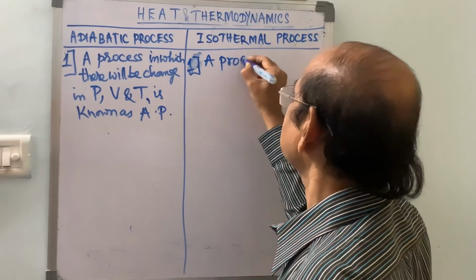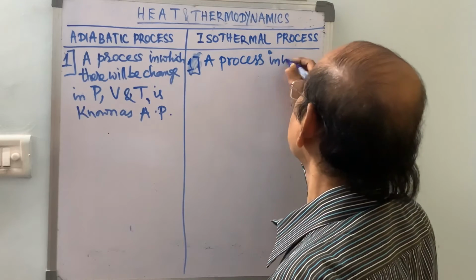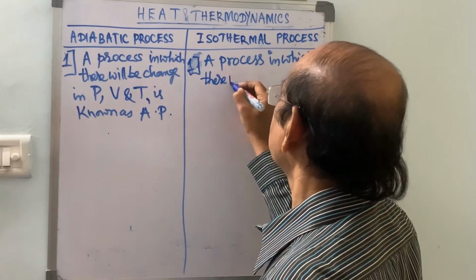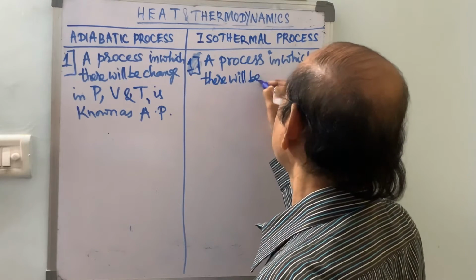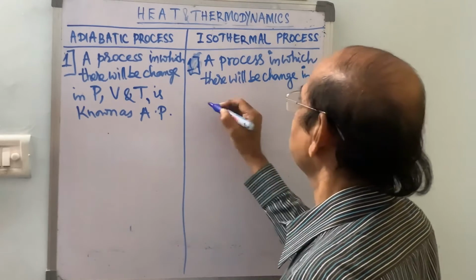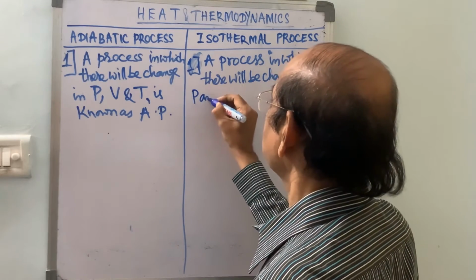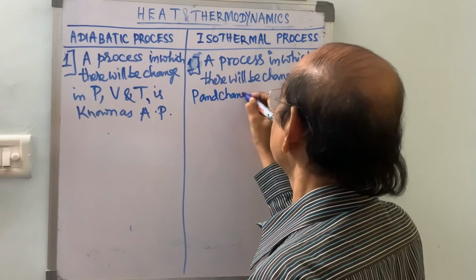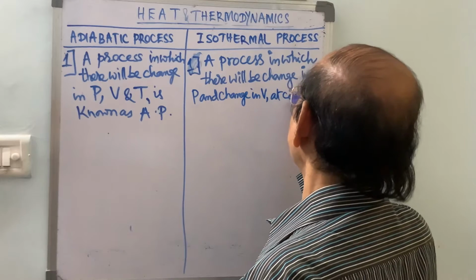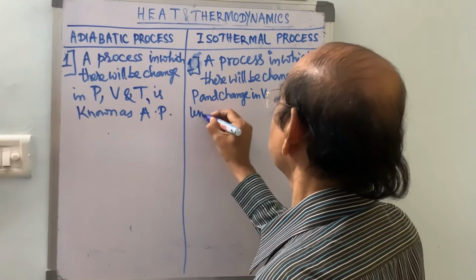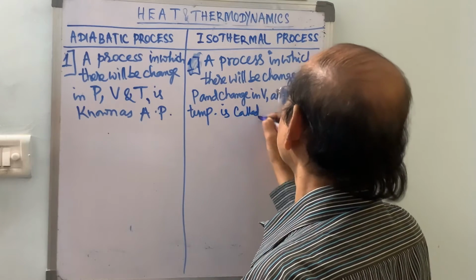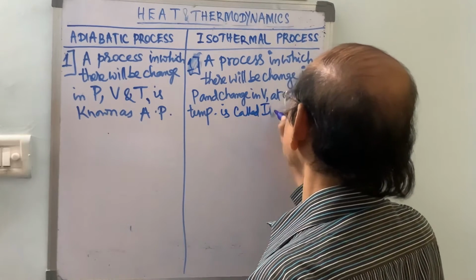A process in which there will be change in pressure and change in volume at constant temperature is called an isothermal process.